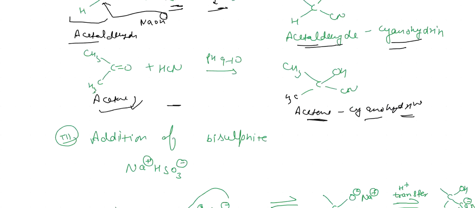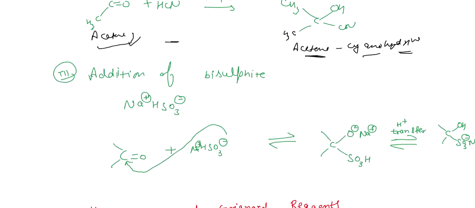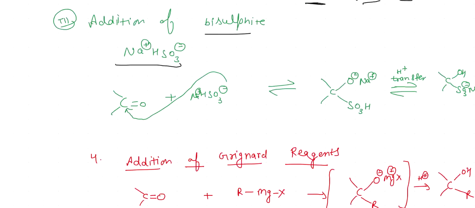Okay. Then the third reagent is bisulfite. Here, sodium bisulfite. When it is subjected to react with the carbonyl compound, again, here the bisulfite is acting as a nucleophile, and there will be electromeric shift of electrons toward oxygen.